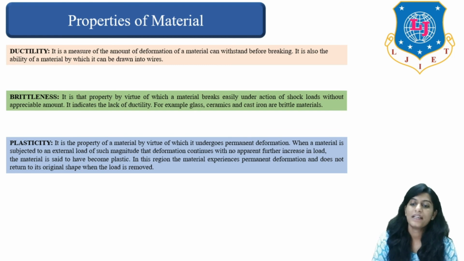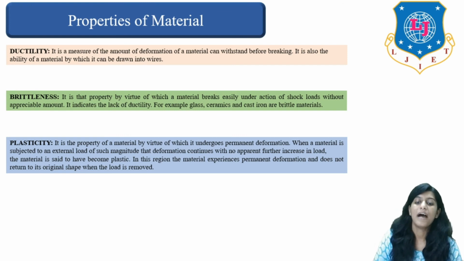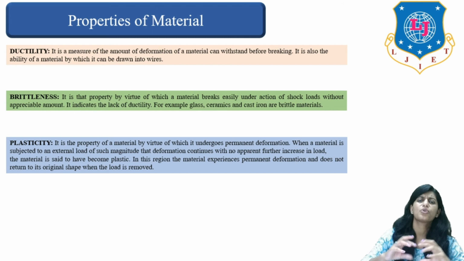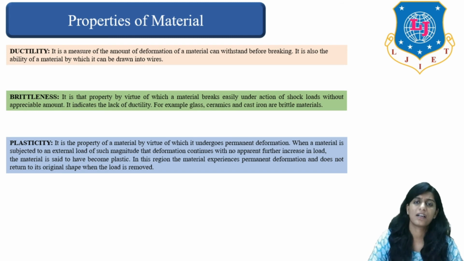The next point is brittleness. Brittleness is a property by virtue of which a material breaks easily under the action of shock or load without appreciable deformation. It is a brittle material, right?